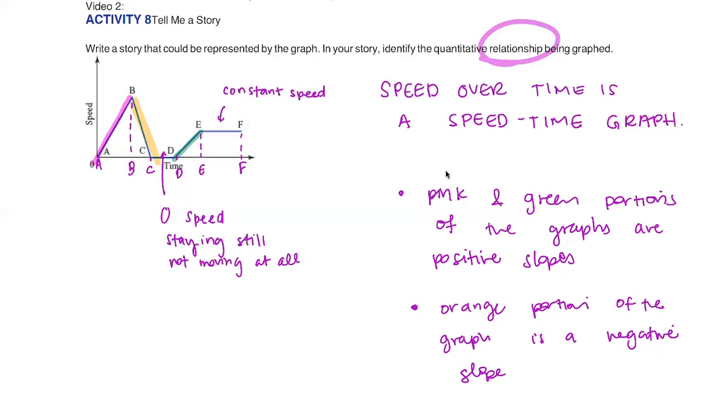So I'm going to put a higher number from A to B than I am from D to E. So this needs to be a bigger number. This one needs to be a small number. Again, numbers don't matter here for these portions, but just in my head, I'm thinking the green needs to be a smaller positive number than the pink.